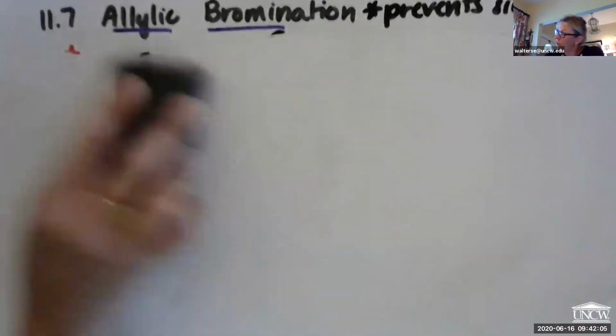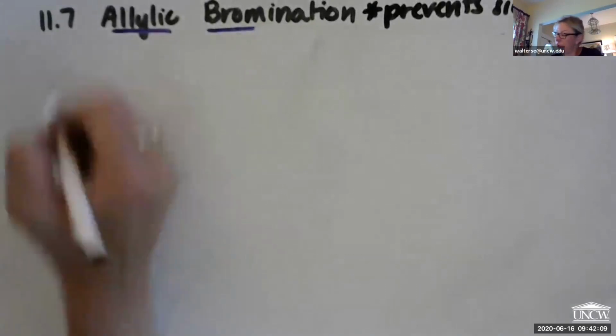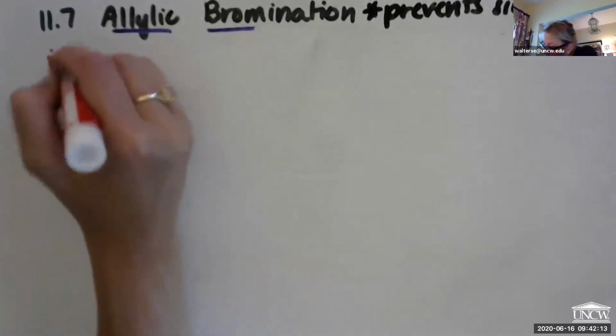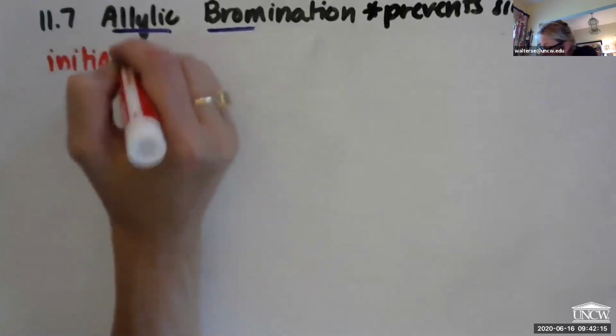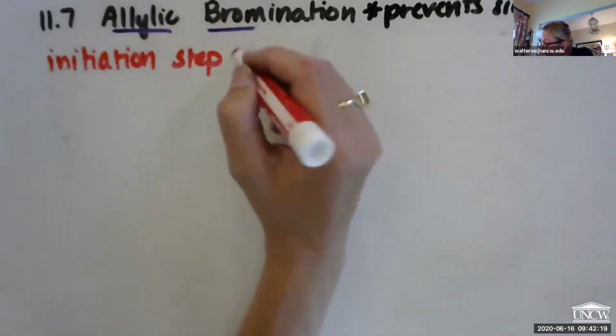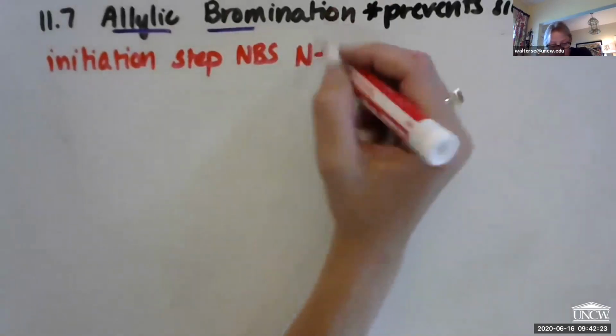So in allylic bromination, where we prevent our side reactions, we're going to have our initiation step use a compound called NBS, which stands for N-bromosuccinimide.